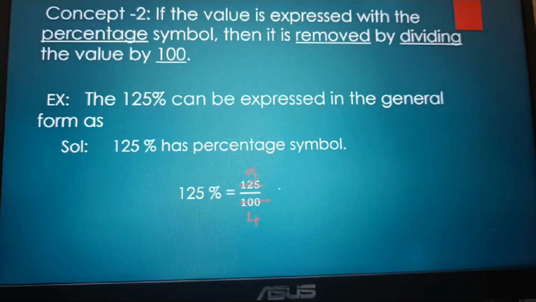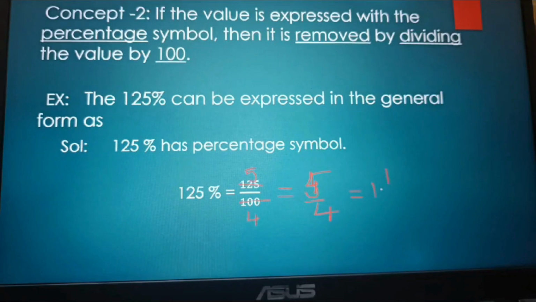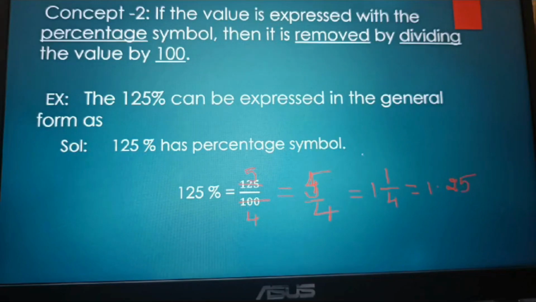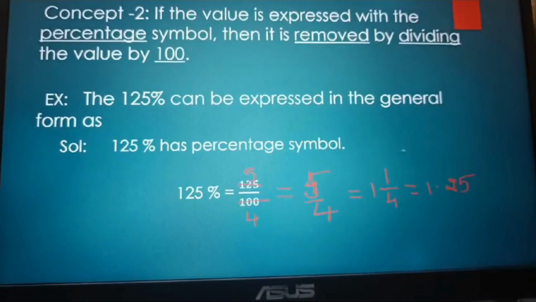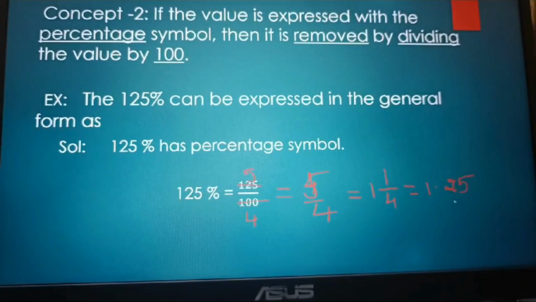The result is in terms of fractions 5 by 4, or it can be converted: 4 ones are 4, remainder 1, so 1 by 4, or 1.25. So this can be expressed without the percentage symbol as 5 by 4 as a fraction, or in decimal value 1.25.